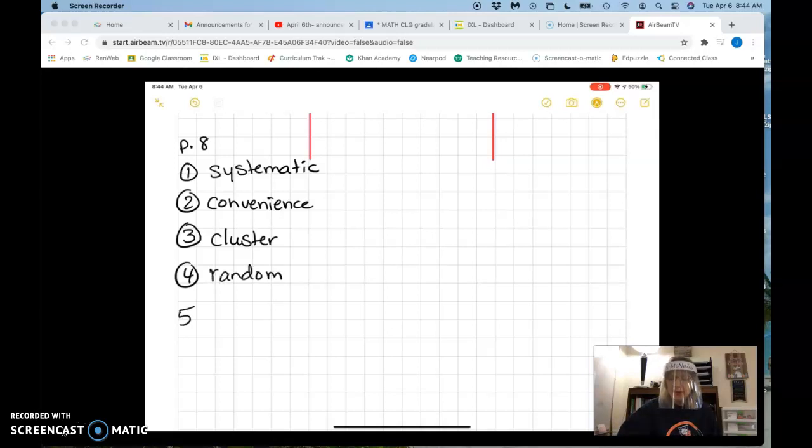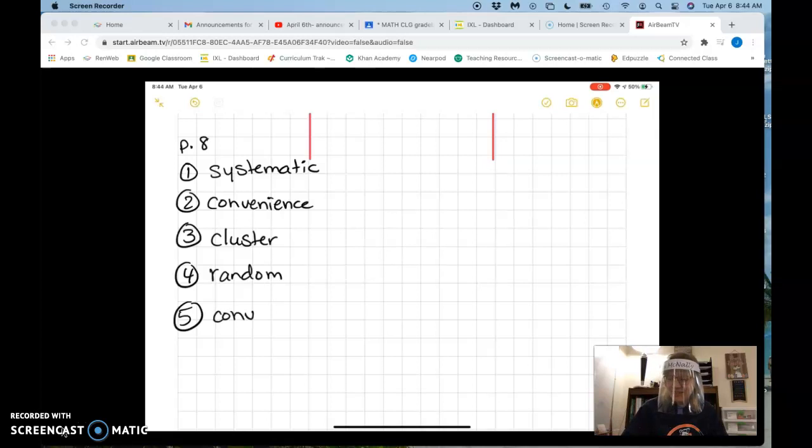It is random. Okay, next it says to identify the time most parents set as a curfew for their teenagers on Friday night. All teenagers attending the 9 p.m. show at one movie theater are surveyed. What method of sampling does this represent?